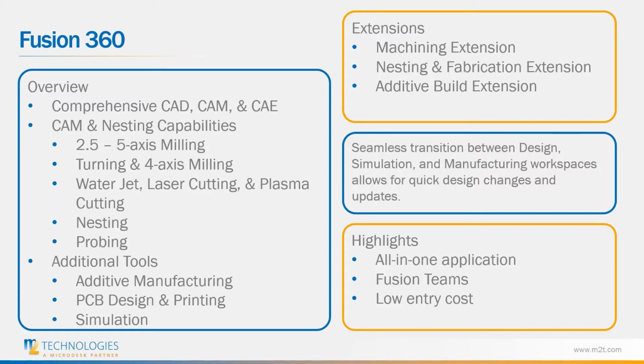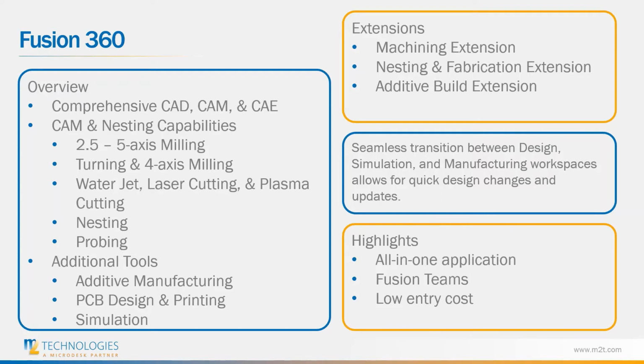So while Fusion 360's base version has a lot of these tools, there are extensions that help you best meet your exact needs. The machining extension provides additional tools for 3-axis, 5-axis milling, as well as toolpath editing and optimization.